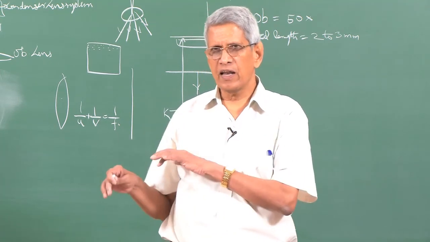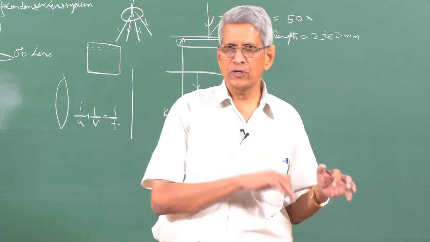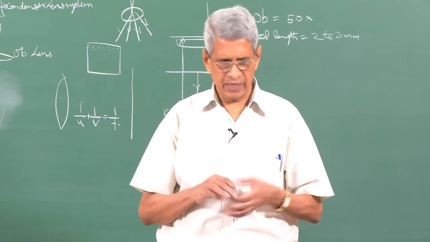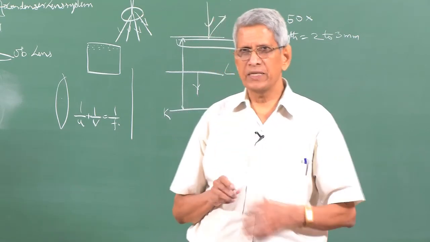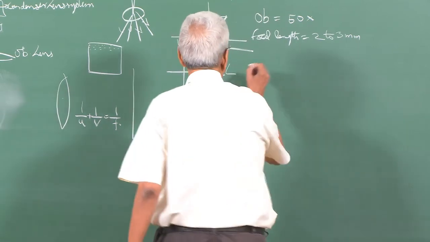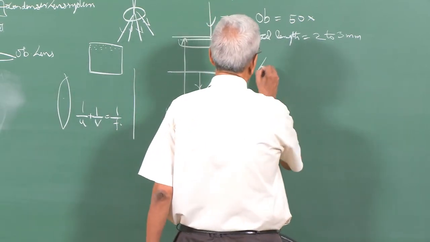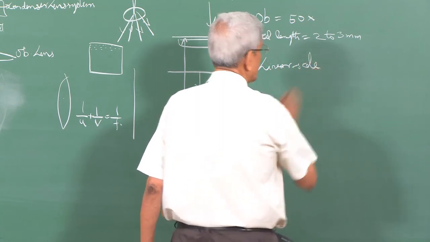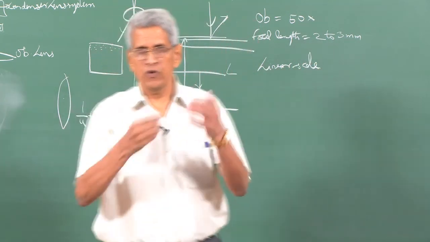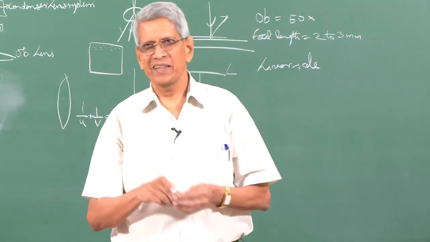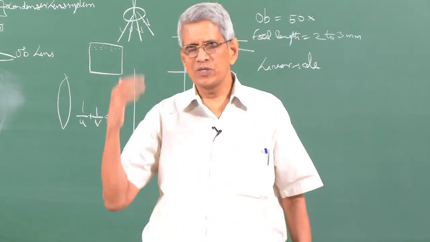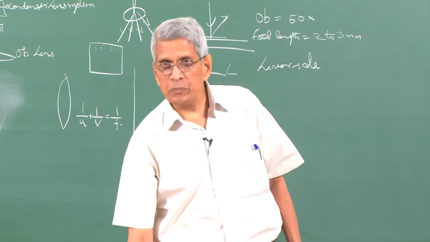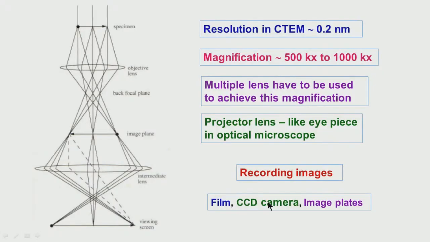So, when it is on a logarithmic scale, to convert it back into a linear scale is difficult, whereas with CCD cameras and image plates, okay, both are essentially on a linear scale, in which each photon that comes is counted as 1 like that, or proportionately. So, it is linear, and it becomes easy to do processing of the signal which has been collected.